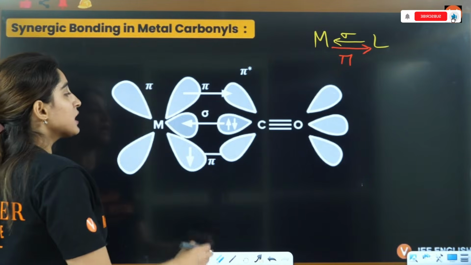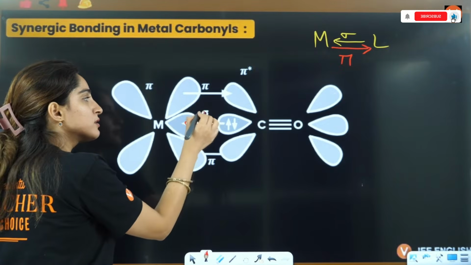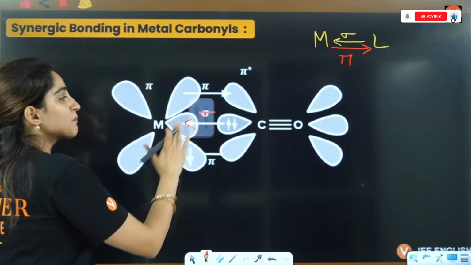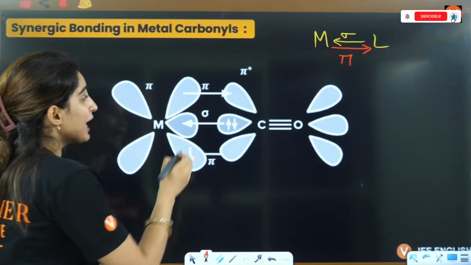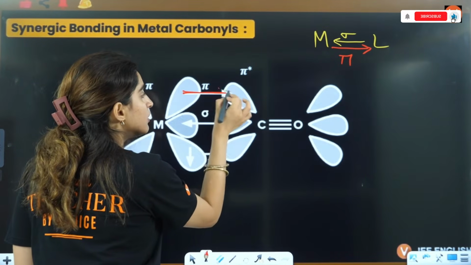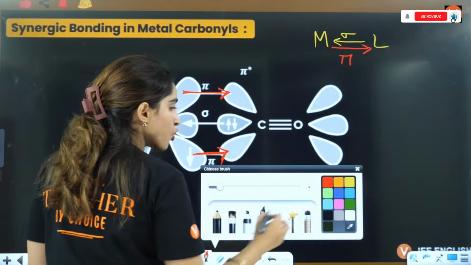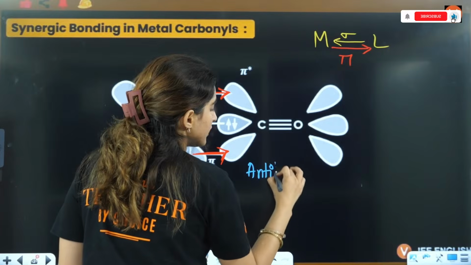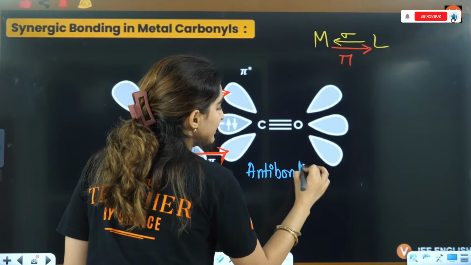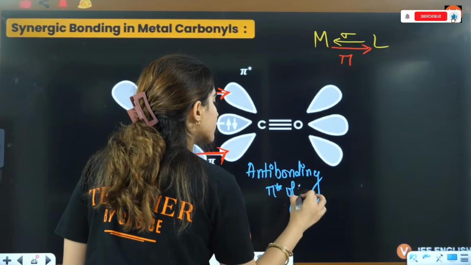When metal accepts the electron, it accepts in the sigma bond. That means when the ligand donates the electron, it is by sigma bond. And when metal donates the electron, it does so in the anti-bonding pi star orbital of carbonyl.